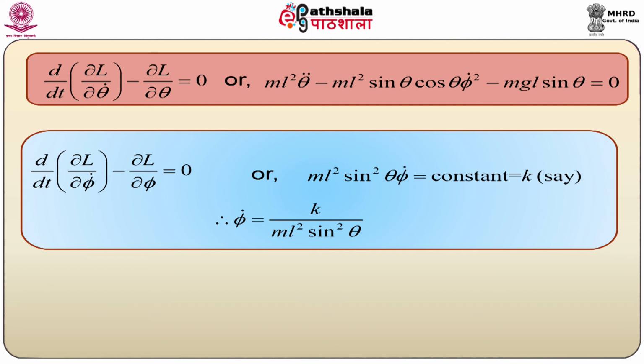As L is independent of phi, del L del phi equals 0. Thus, we have del L del phi dot equal to constant, which is given by m L square sin square theta into phi dot equal to constant. Phi dot can be obtained as k divided by m L square sin square theta.